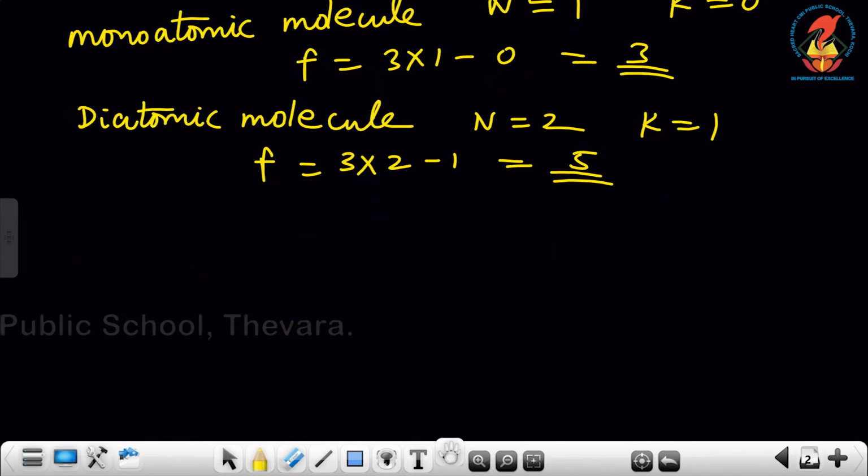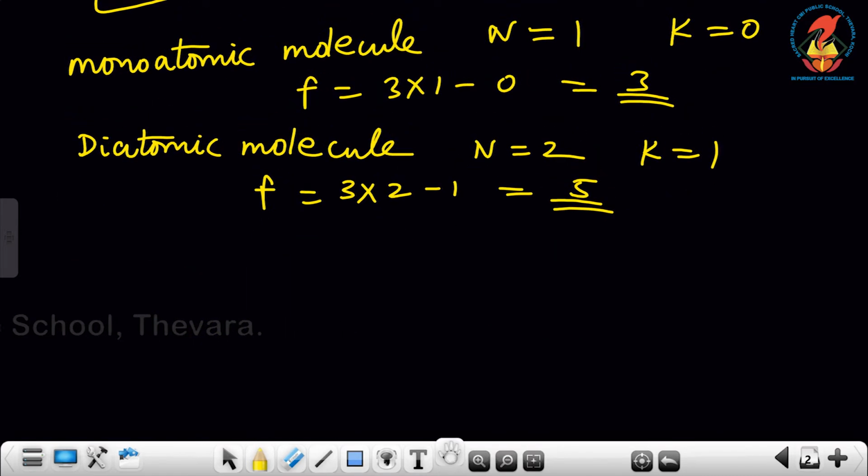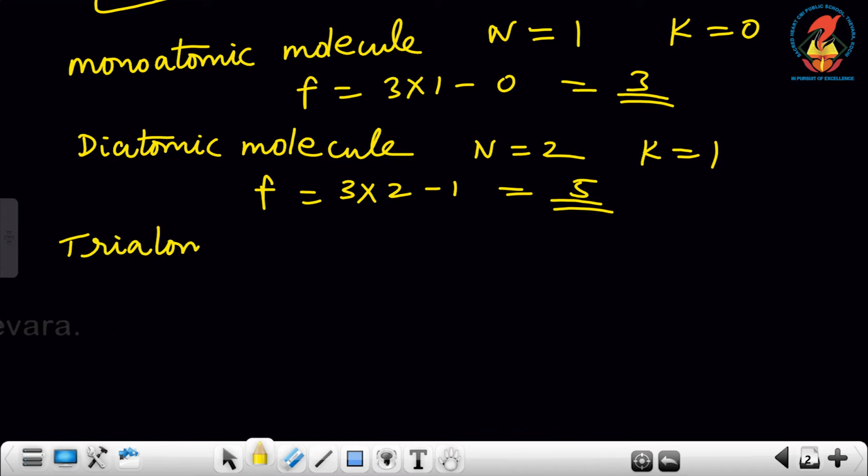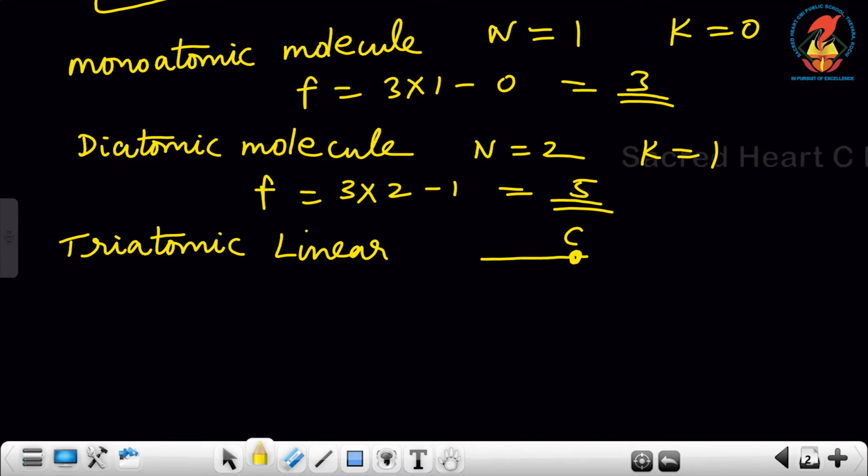Now see, the third one: triatomic linear. A linear molecule means carbon dioxide, I gave that example. It will be like this: carbon dioxide.